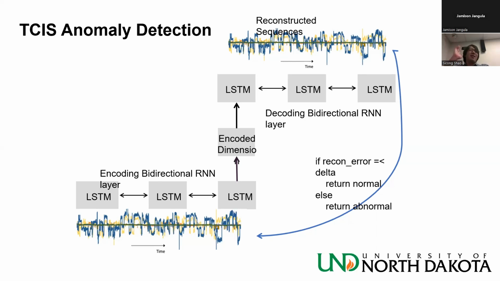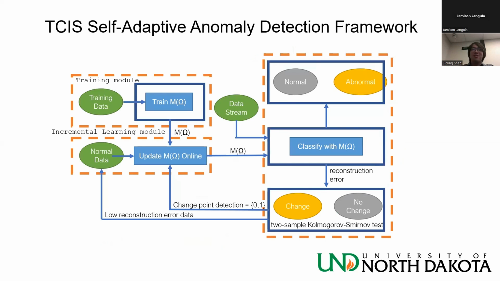As I mentioned in the first slides, abnormal behavior can be divided into point anomalies and collective anomalies. Collective anomalies are basically very similar to sequential information. The concept is very similar, just instead of reconstructing a point, now you try to reconstruct the sequence information due to the complicated environment of the host system. So this is our self-adaptive anomaly detection framework.